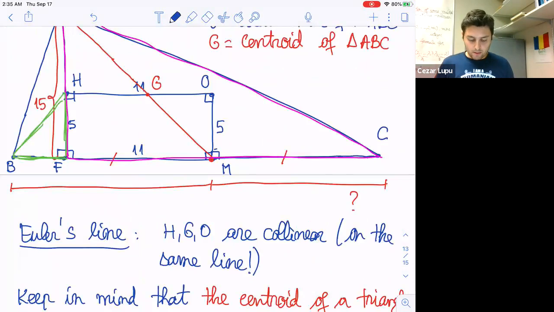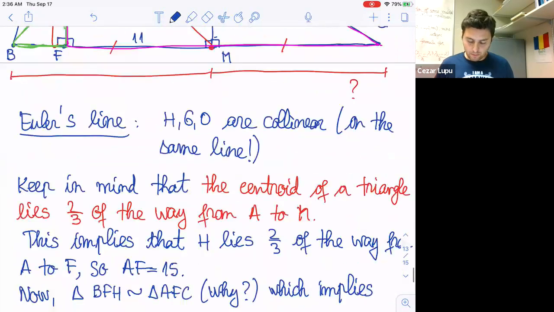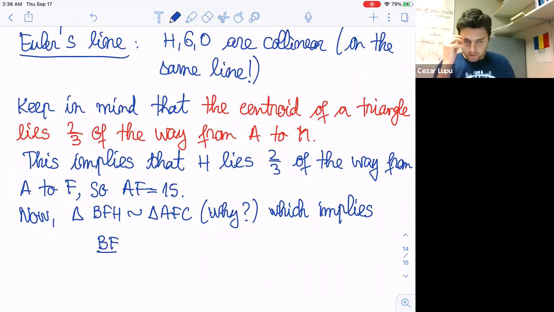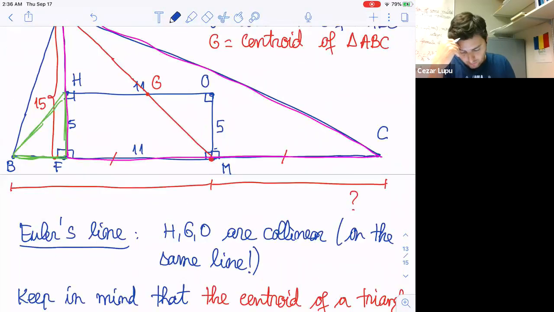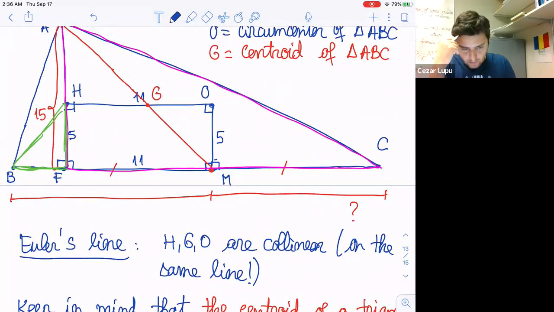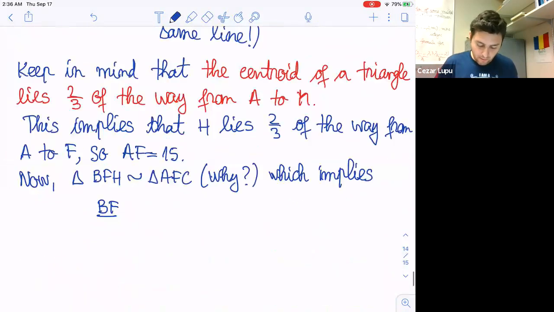This implies that BF over FH will be the same as AF over FC, right?